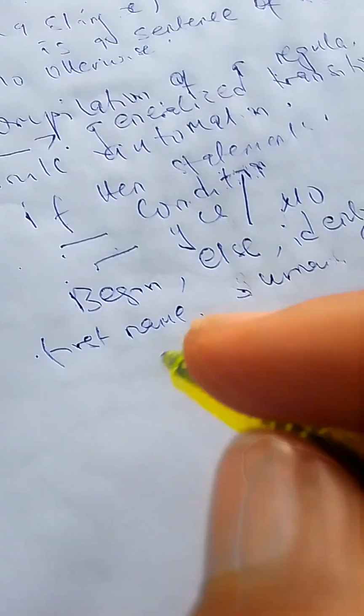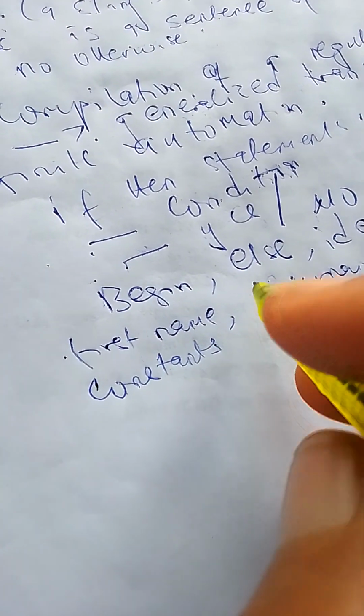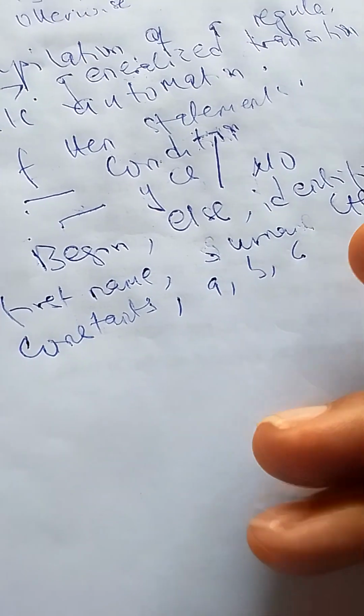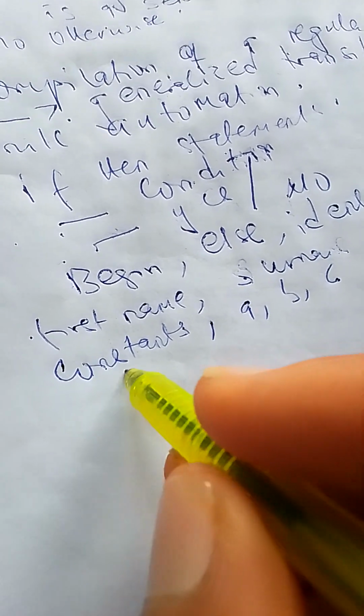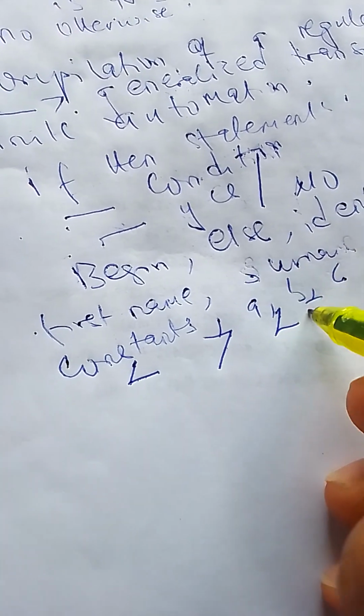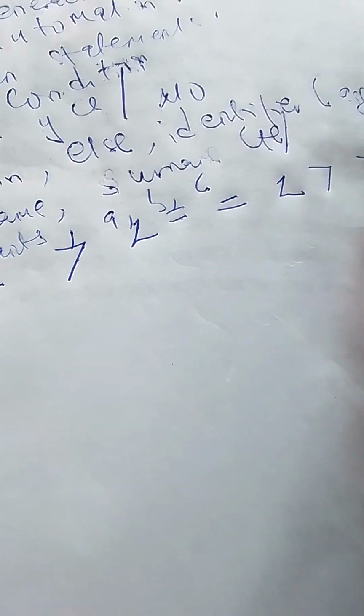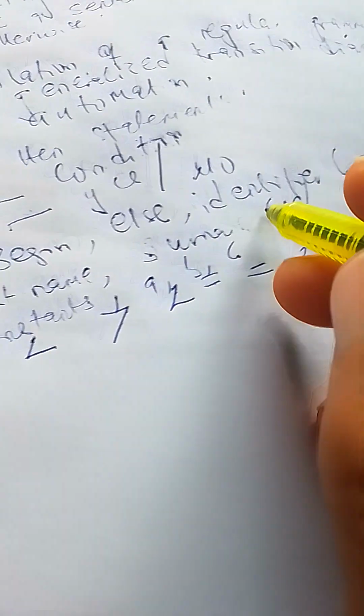Then we also have constants, which are another recognizer. Constants could be A, B, C, as the case may be. We also have the operators: less than, greater than, less than or equal to, equal to, not equal to, and greater than or equal to. All these are called recognizers.